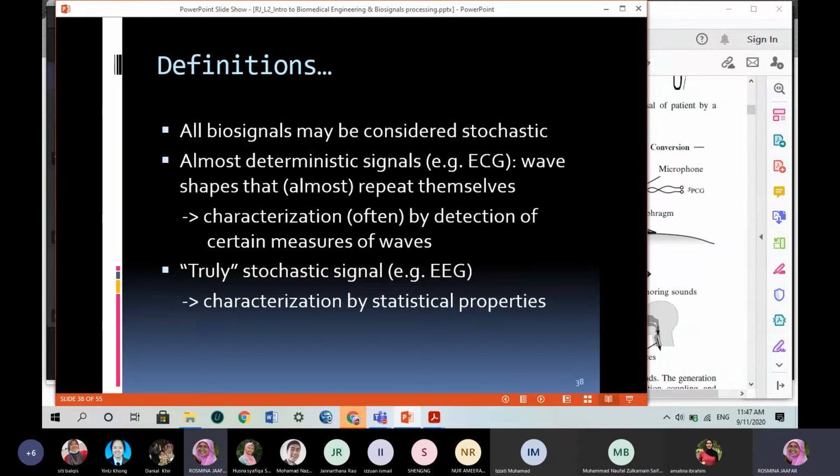A truly stochastic signal is the EEG signal. Meaning that there is no repetition at all, just changing and changing. So the best way to do analysis for EEG is statistical properties.